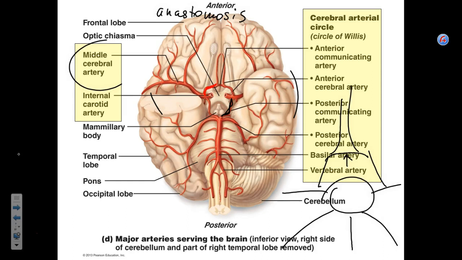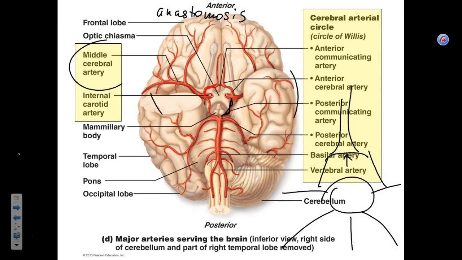Anastomosis is a blood vessel that connects two other blood vessels. It can be arterial anastomosis, venous or venular anastomosis. Sometimes they are arteriovenular anastomosis that connect veins and arteries. Does that make sense?